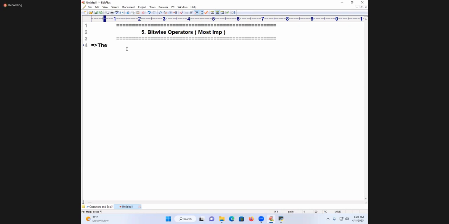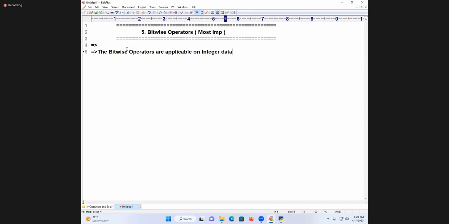Now look at that. Purpose I'll write after 2 minutes, first line I will fill it up. So I'm writing here the bitwise operators. The bitwise operators are applicable on which data?